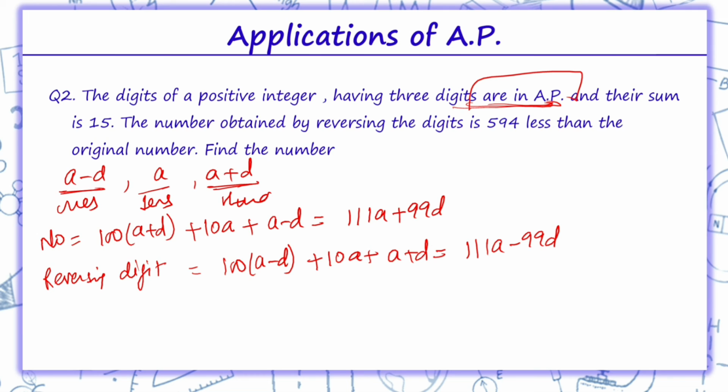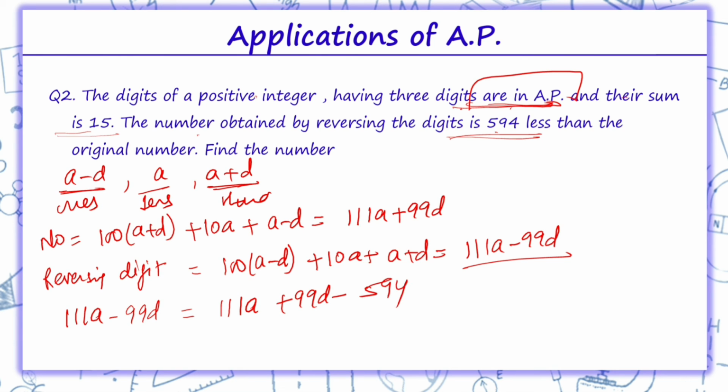Now they are saying the number obtained by reversing the digits is 594 less than the original number.